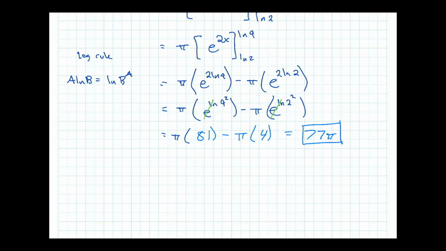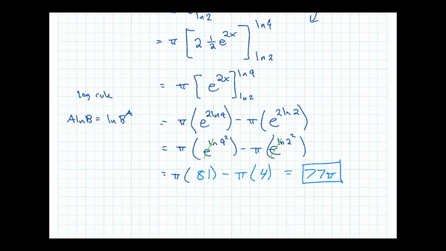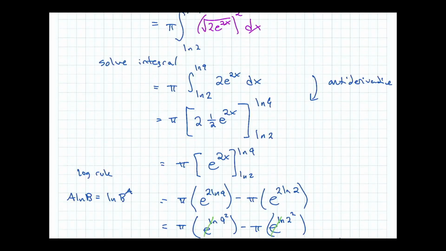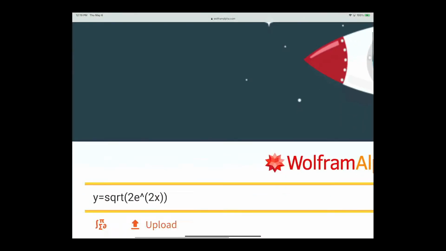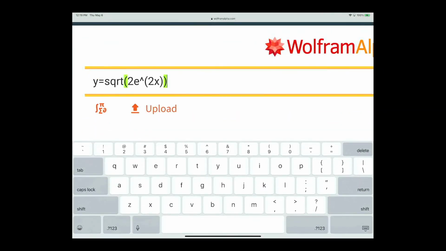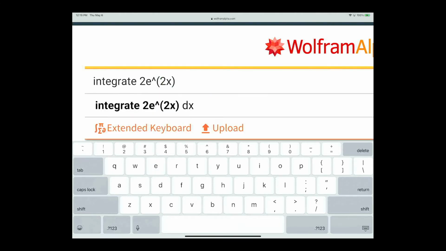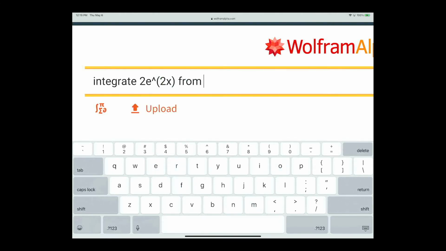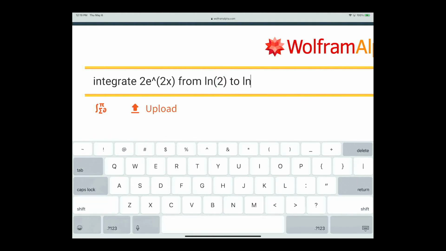Okay. Now, just a few comments here. First comment is when you set these up, if you get the wrong answer, go back and check your integral. You can make Wolfram Alpha do integrals like this just to check. So if I go back to here, got this function, but let's delete it. You can say integrate this function from ln 2 to ln 9.